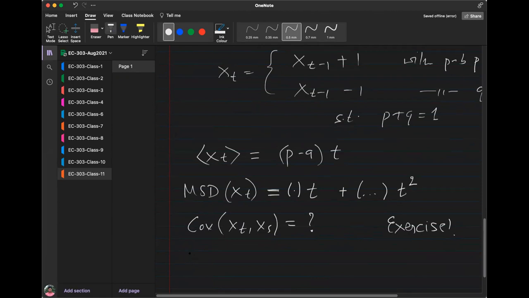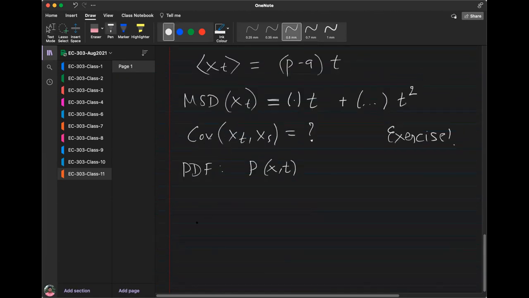And then what is the PDF for this process? That followed the following equation, right? Where V represented this, and D is the standard diffusion.